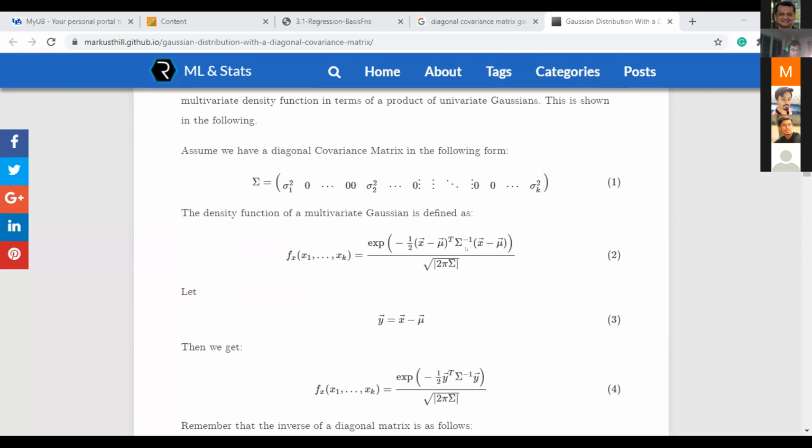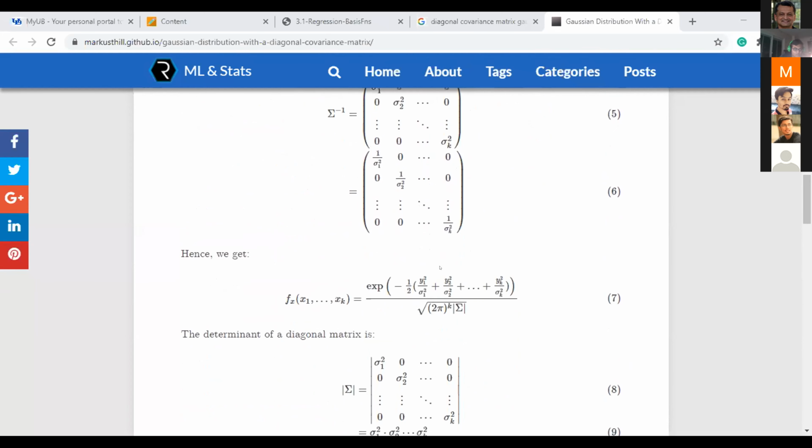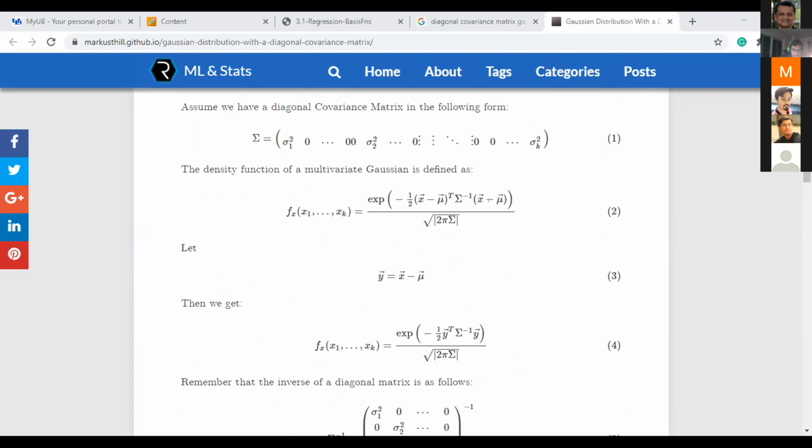So just ignore the denominator part. For the x minus mu, even if we are using the diagonal covariance matrix, they have replaced it with y vector, and it becomes y1 square. So we are not supposed to lose this last part, even after inverse. We are supposed to keep this part as well.